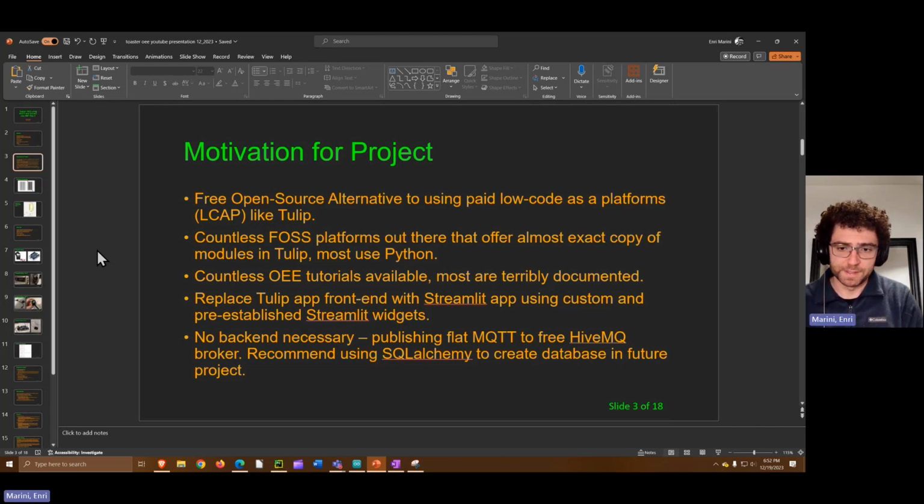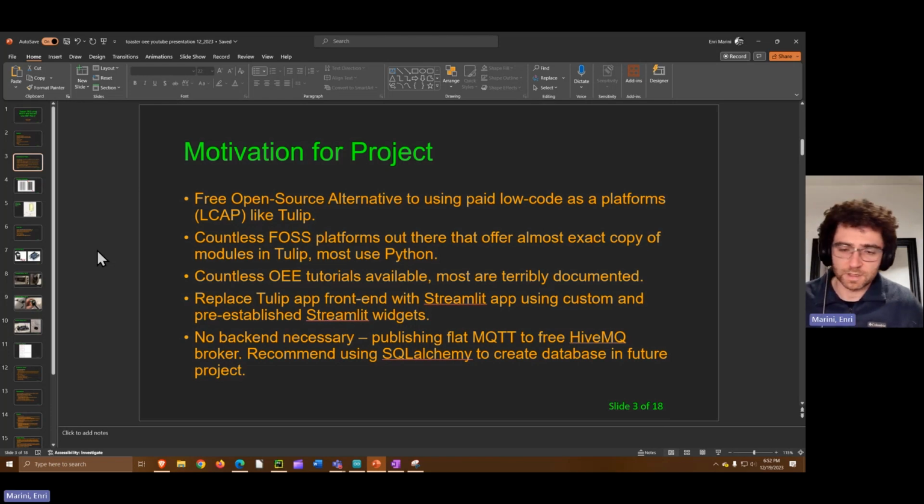Really, I just wanted to see if I could do it as a free alternative, and you can. A lot of the things I built out in this project you can take and use modularly in other projects, particularly the timeline feature that you'll see, which shows a simple single bar chart oriented horizontally that timestamps when the first off condition state was made.